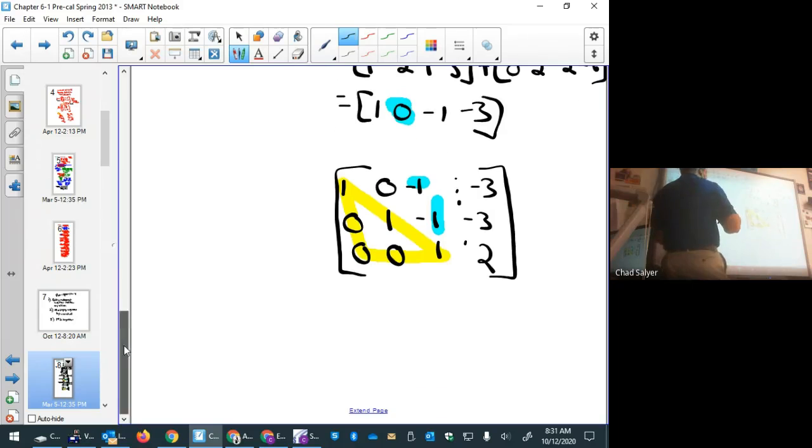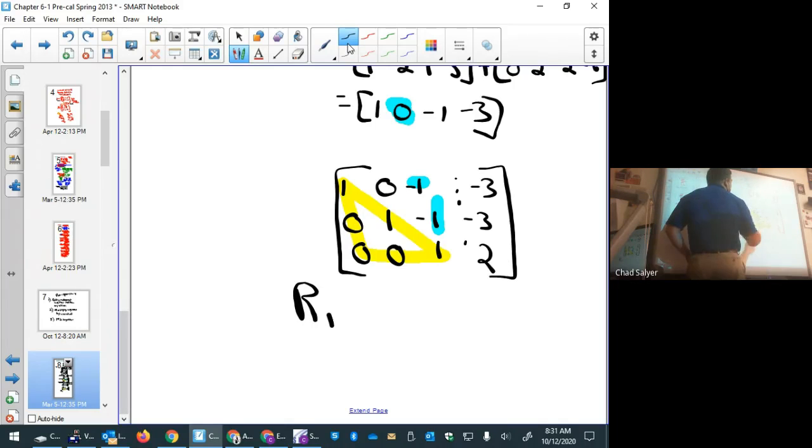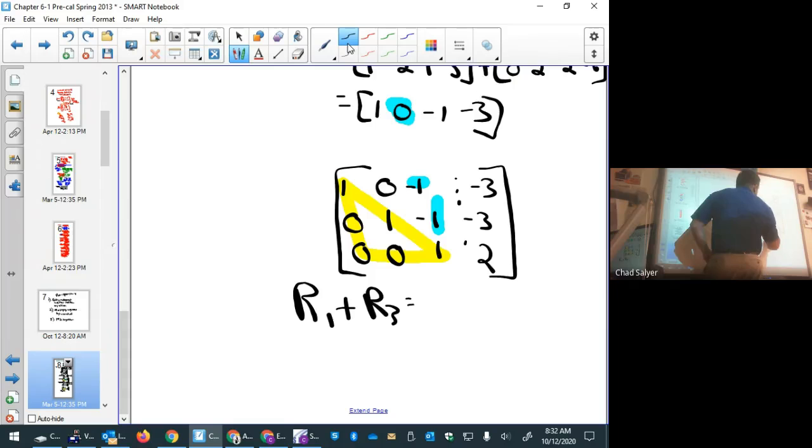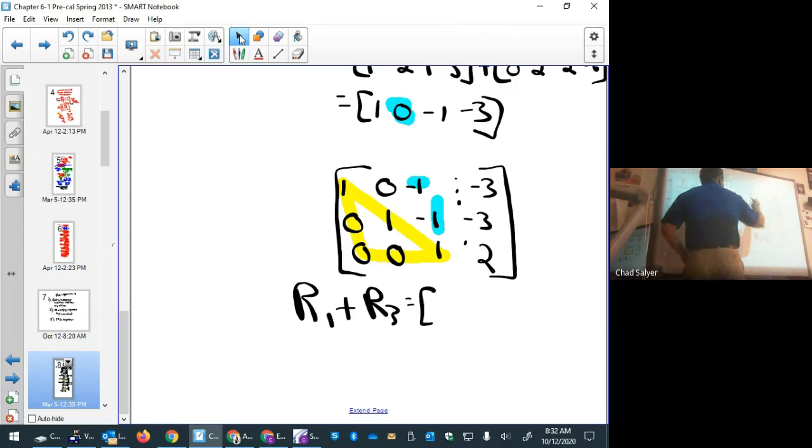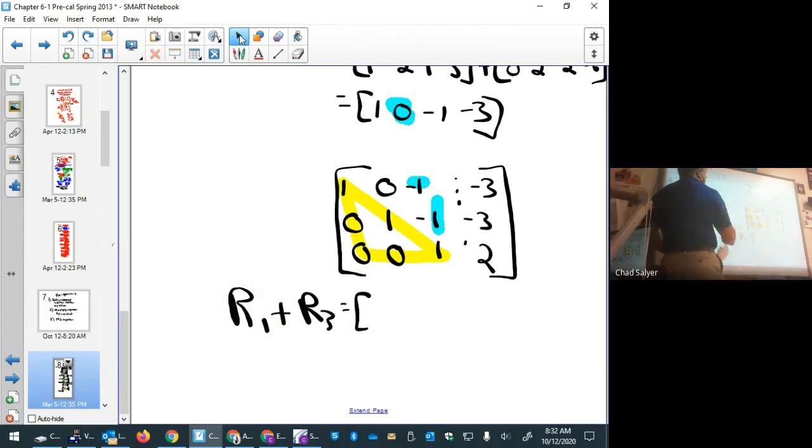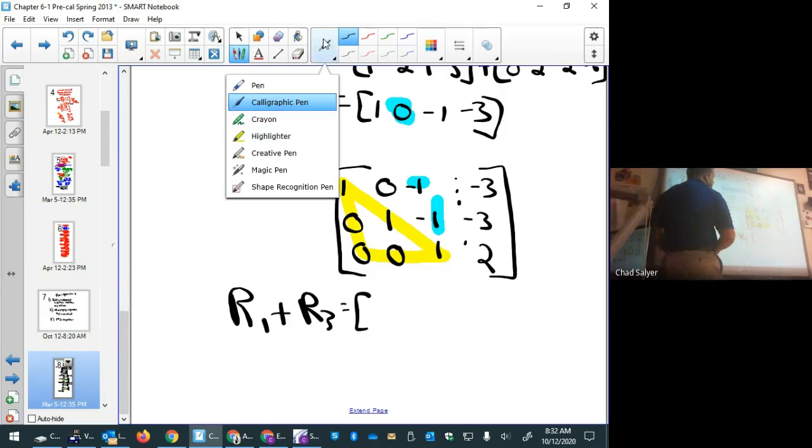Now we need to get rid of this -1 in the first row, third column. So the way we're going to do that is use row 3. You see how once we have 1s all through here, the rest of it is real trivial. So we're going to take R1 and we're going to replace it with R1 plus R3. So I can add any row to or from any other.